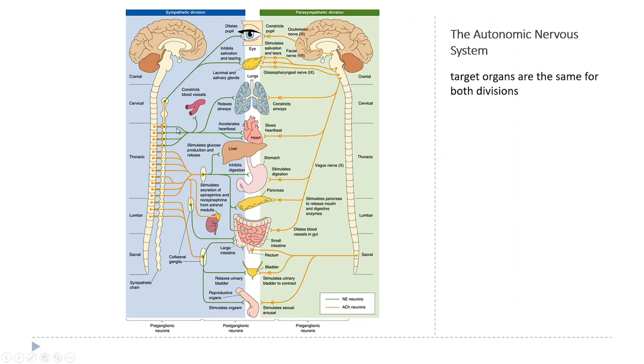In the sympathetic division, one of the effects of activity would be to constrict the blood vessels. That means activating the smooth muscle cells that constrict the blood vessels and increase blood pressure. That's something you would need in a fight or flight response, meaning that you would increase blood flow to most of the body.